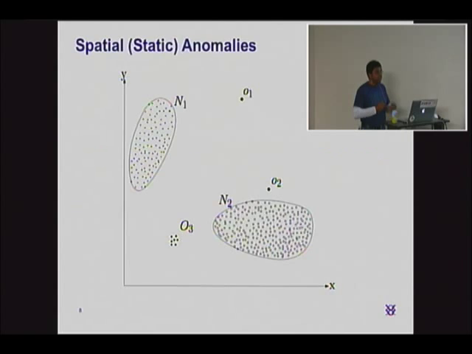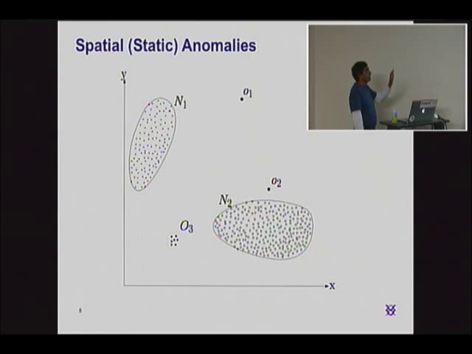So one example of the type of anomaly you might want to detect is a simple spatial or static anomaly. This is the most common type of anomaly detection you'll find in the literature, and in fact, it is the most common type used in the industry as well. Here I'm plotting two different sensory values, X and Y, and at any point in time, one of those dots is the reading of those two sensors.